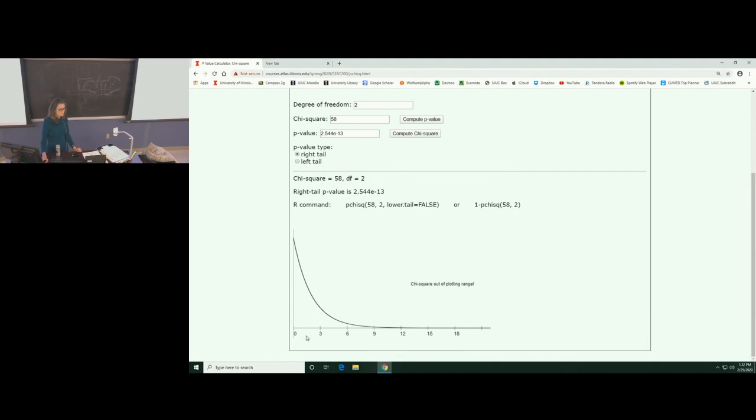So the probability, what does that tell us? That we would get such a big difference between what we observed and what we expect, just by chance, is tiny. So this isn't just rejecting the null. This is pretty much saying we know they're dependent.